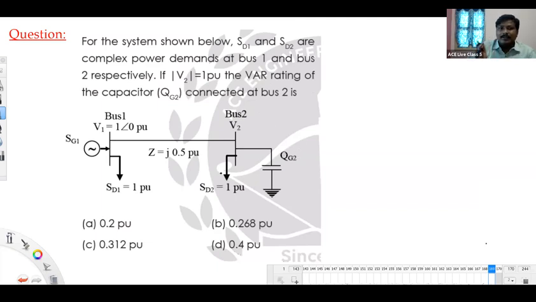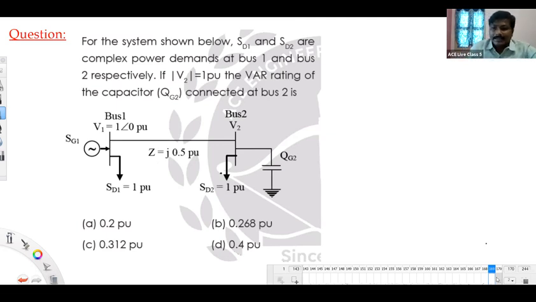It's a similar problem, right? Earlier we have done capacitor bank rating calculation. Here also it is the same, but the line is given with only reactance, Z equals j0.5 per unit. Means we have only series reactance, so we can do this problem with the approximate equations.